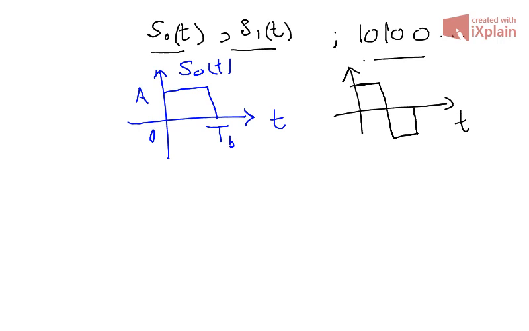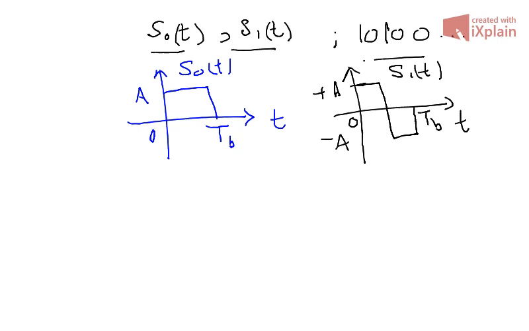So it is this waveform which has a plus A and a minus A amplitude from 0 to TB. Here this interval is TB. This also is from 0 to TB. So we have S0 of t and S1 of t, two waveforms.